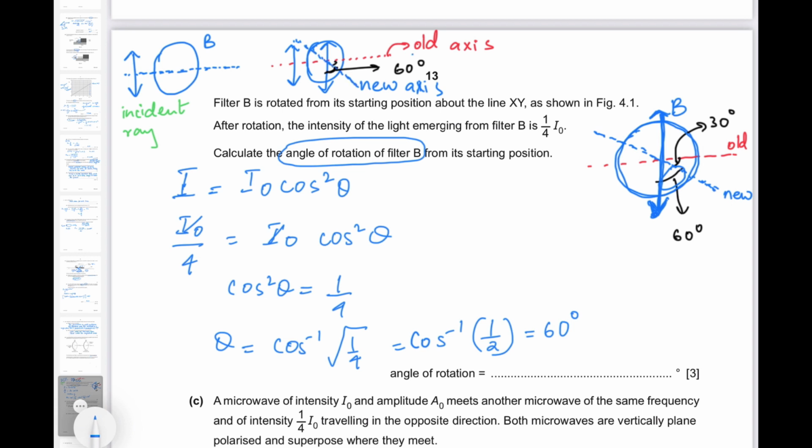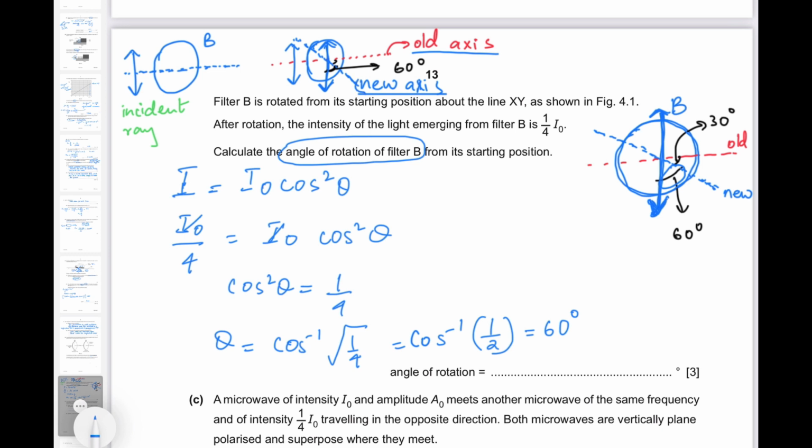So here you've got the old axis and here you've got the new axis. You've got incident light, which is vertical in direction, and we just found out using the formula that the angle between this light and the new axis after rotation is 60 degrees.